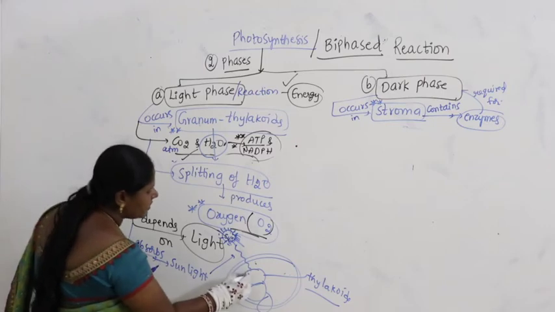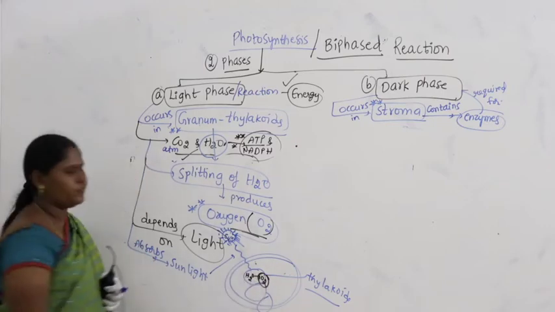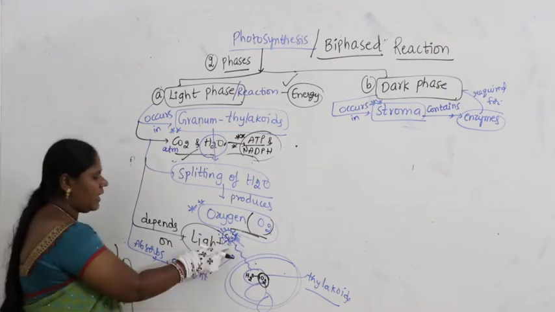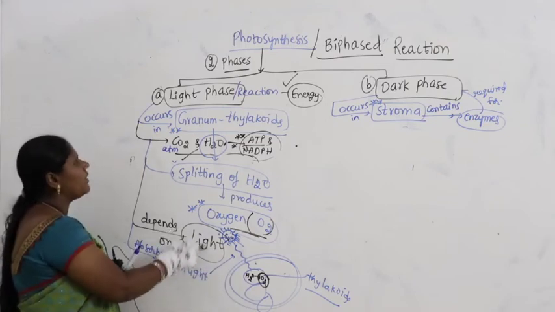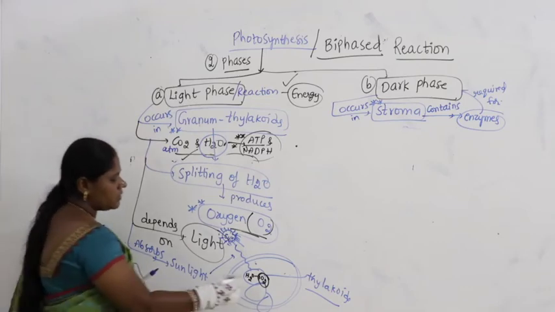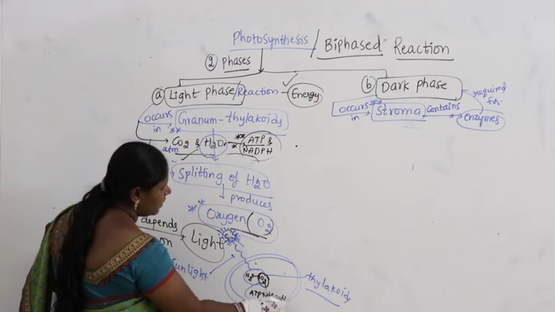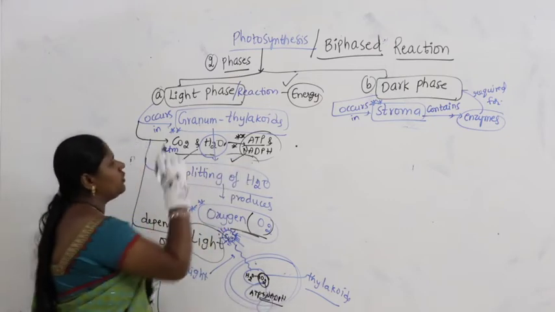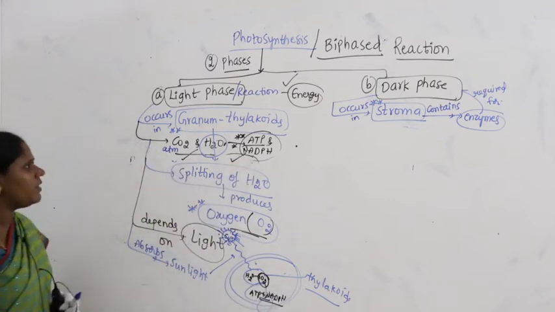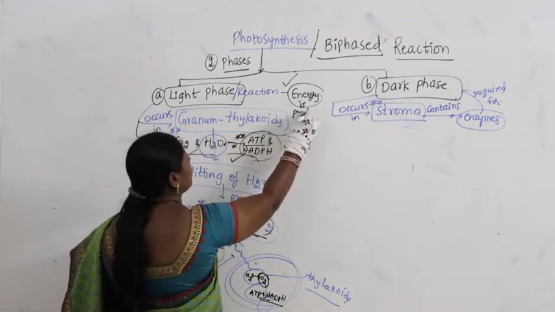Then water splitting occurs and produces oxygen. It depends upon the light, as it depends upon the light, that is why it is called the light reaction. Finally it produces ATP and NADPH, which means energy is produced along with the release of oxygen.